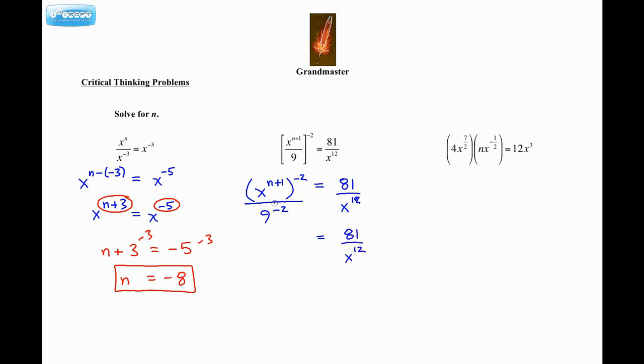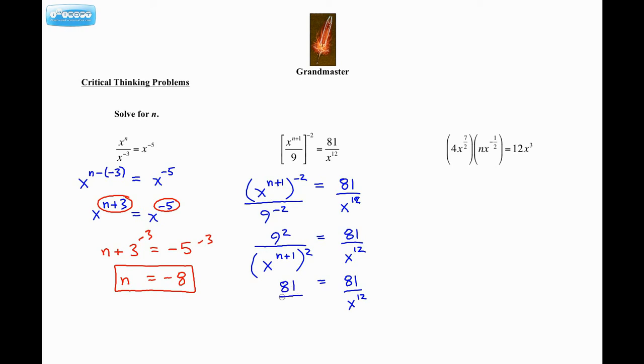So I'm going to have them switch positions. So it becomes 9 to the positive 2 up here, and then this becomes x to the n plus 1 to the positive 2. Well, 9 squared, I can work that out. Let's write this here. 9 squared is just 81.